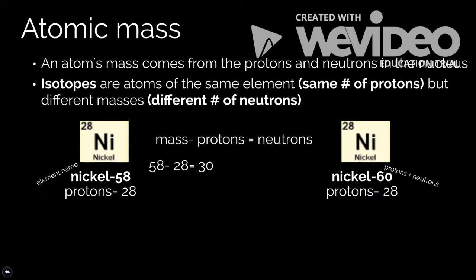We know we have 28 protons, so just take 58, subtract 28, and you get the result of 30. So nickel 58 will have 30 neutrons. And then we can do the same thing to our nickel 60 example isotope. We can take our 60 mass for our nickel 60, subtract the 28 protons that we know from the atomic number, and we get the result of 32 neutrons in this isotope of nickel.